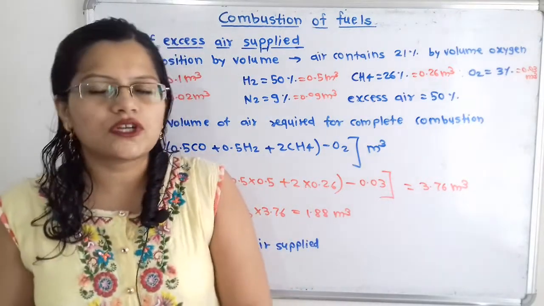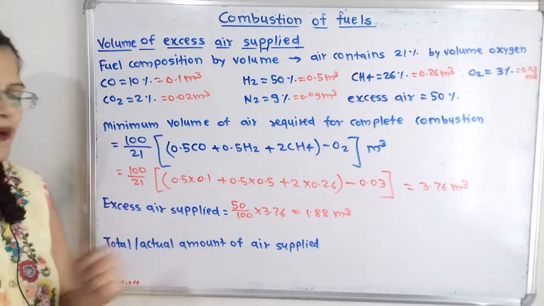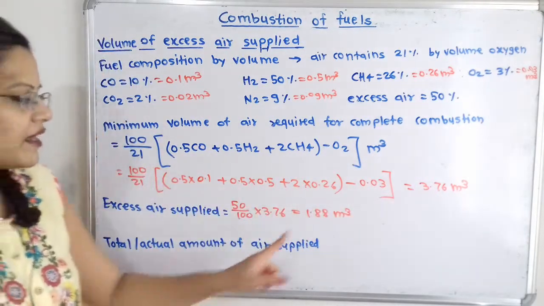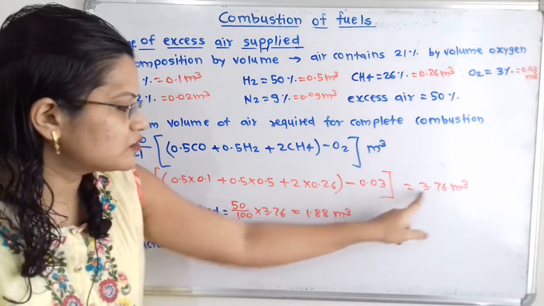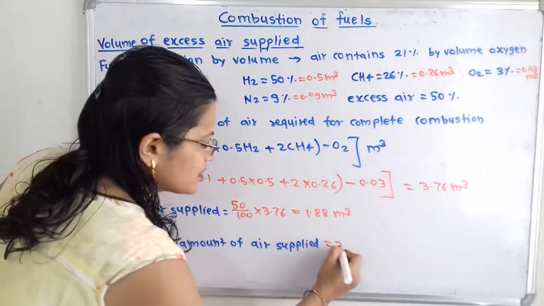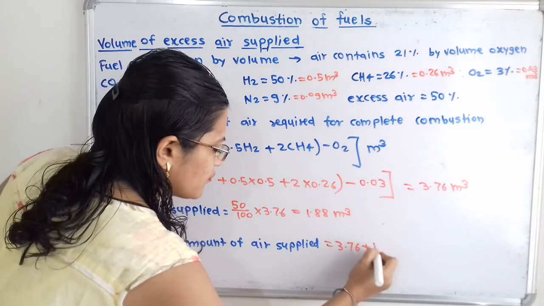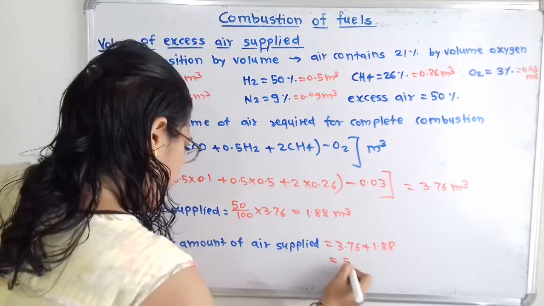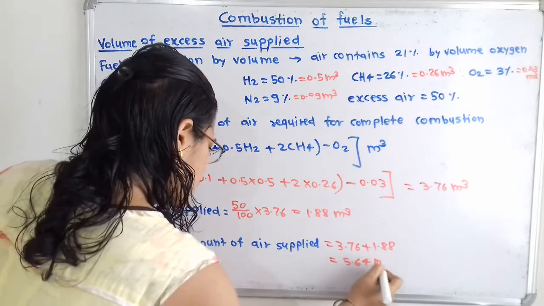Then what is the total or actual air supplied? Here for the total or actual volume of air supplied, we will add these two numbers, that is 3.76 plus 1.88, which is equal to 5.64 meter cube.